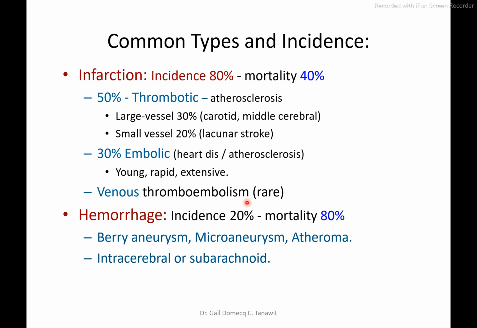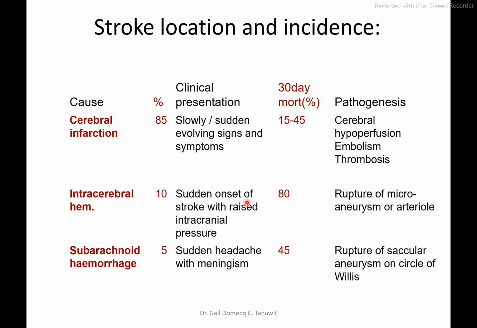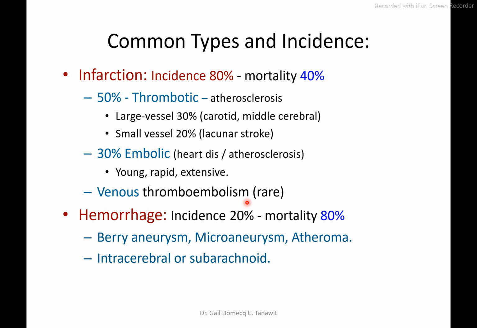On the other hand, the hemorrhagic type of lesions is of minor, 20% incidence and mortality. However, mas malala kapag hemorrhagic stroke, kasi sumabog yung ugat, para siyang gripong nakabukas, hanggat hindi nakiklip, hanggat hindi na-stop, magbi-bleed inside.